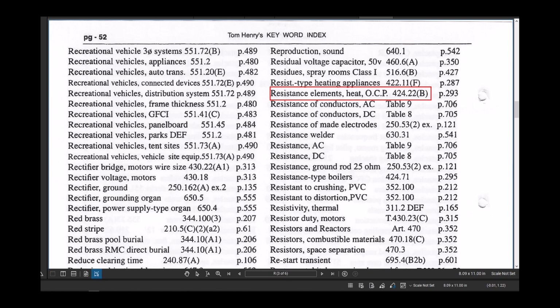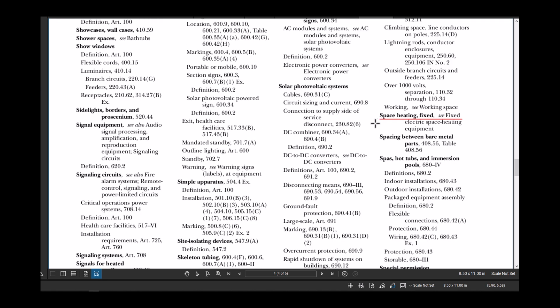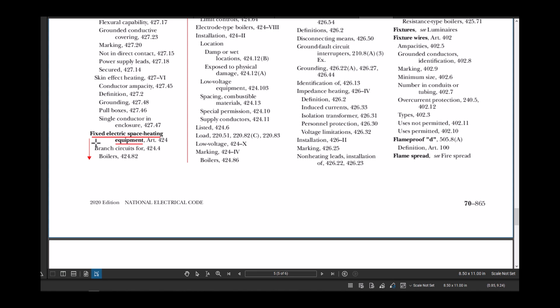Let's go to the index from NEC. When we go to space heating fixed, they ask us to go to fixed electric space heating. Then we go back to fixed electric space heating equipment.